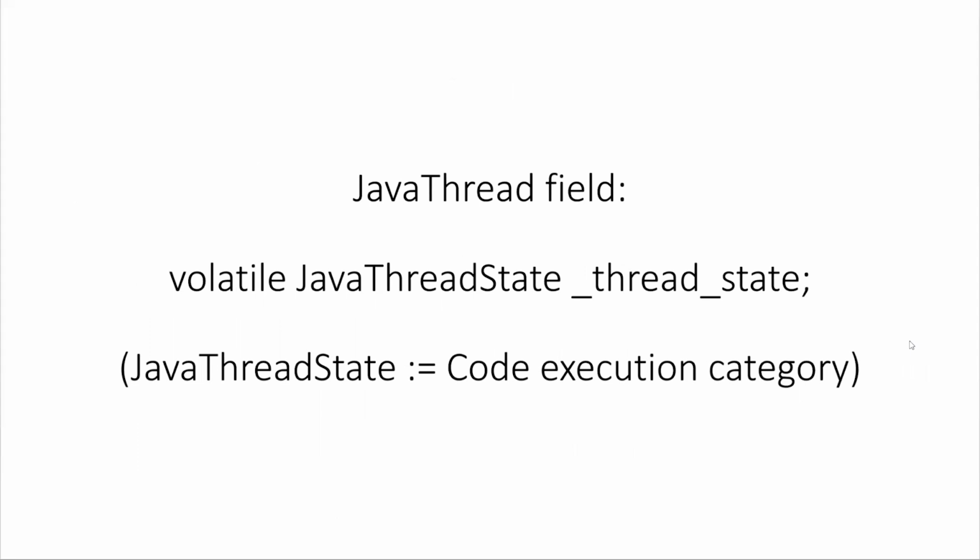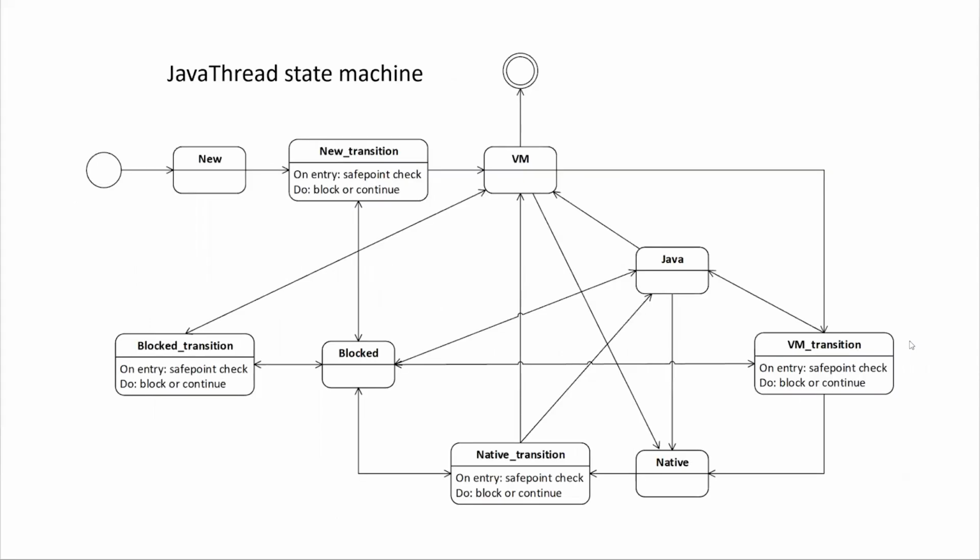A Java thread has a field called thread state. The purpose of the thread state is to keep track of which part of the code the Java thread is executing in. This is the state machine for the Java thread, and we can further classify it into the following categories.